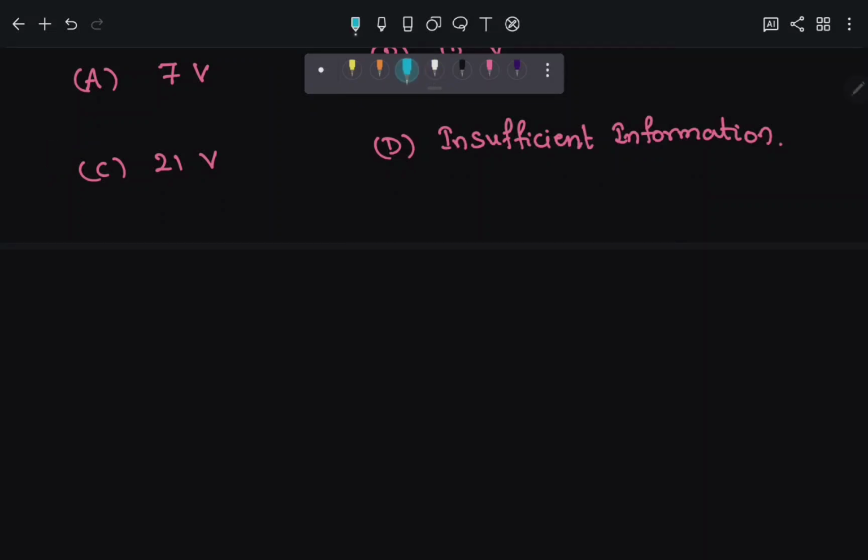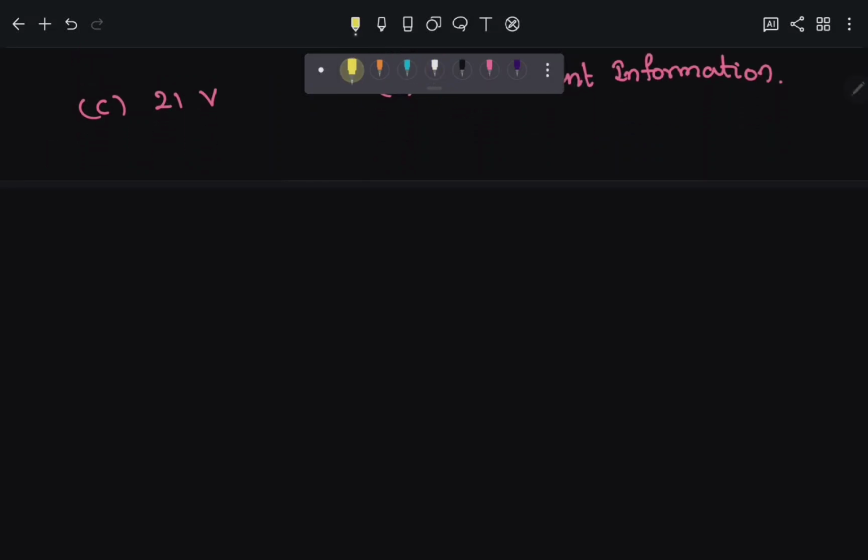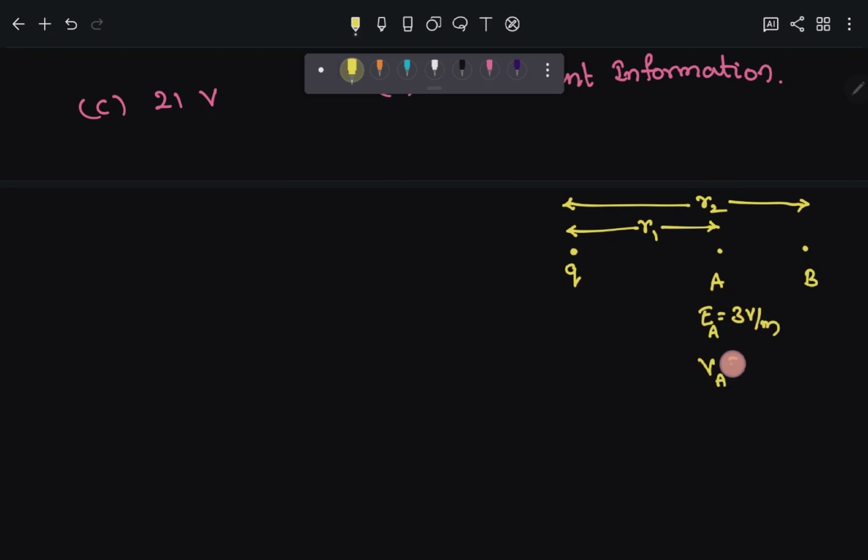For solving this, let us first consider the diagram. Initially, when Q charge is given here, let us consider point A is at R1 distance and point B is at R2 distance, somewhere here. Now here EA initially is given as 3 volt per meter, and VA is given as 7 volt.